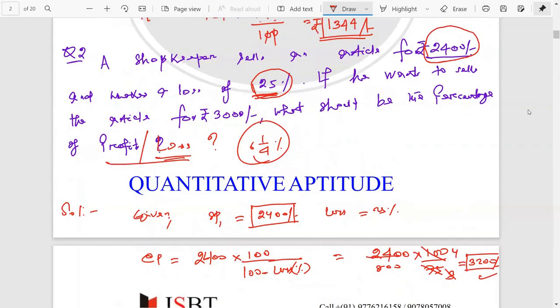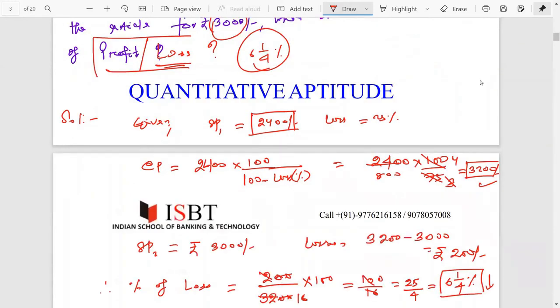Okay, look at the question again. The shopkeeper sells an article for 2,400 and at that time he loses 25%. That means the cost price must be greater than the selling price. Okay. Again, he wants to sell it for 3,000 rupees. What should be the percent of profit or loss? So we take the given selling price 2,400 and loss 25%.